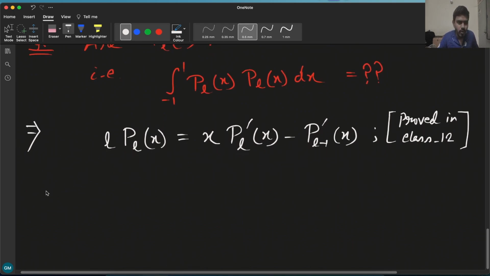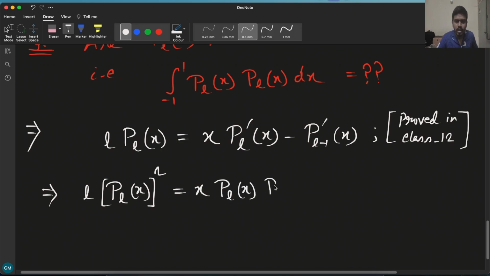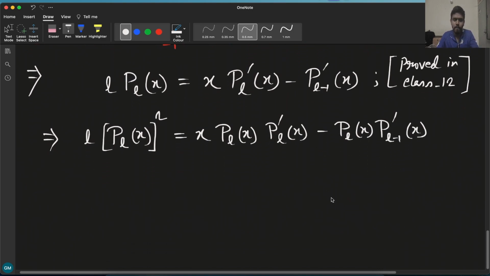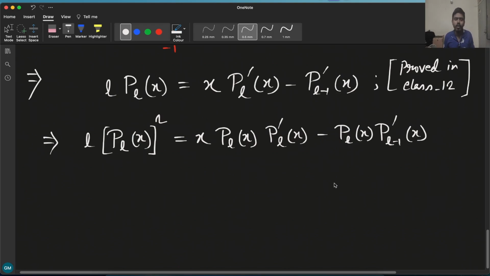Now what I will do is multiply both sides with P_l(x). Then it will be l P_l(x) squared equals x P_l(x) P_l'(x) minus P_l(x) P'_{l-1}(x). And now I will integrate both sides.